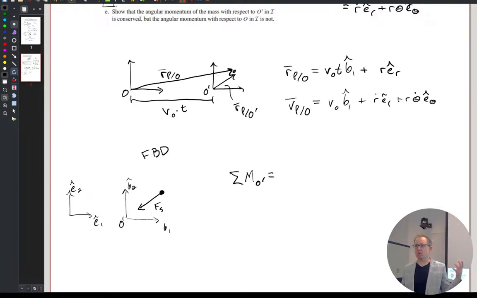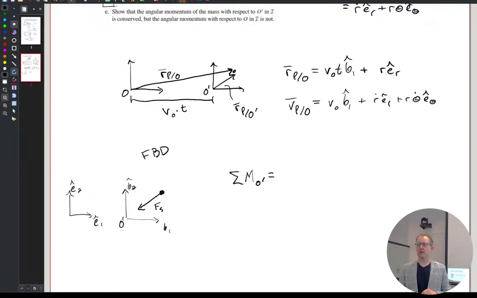So we know where the forces are. Since there's only one force, we already know what the sum of the forces is. What does the moment look like in O prime? So the moment around that moving reference frame.